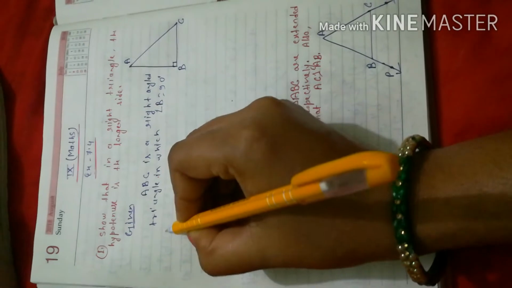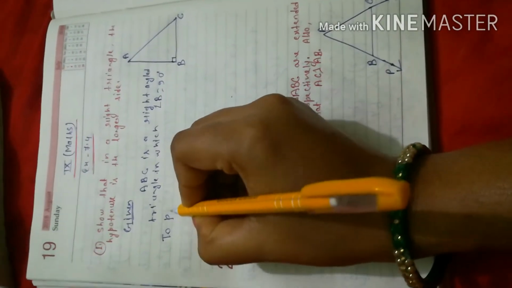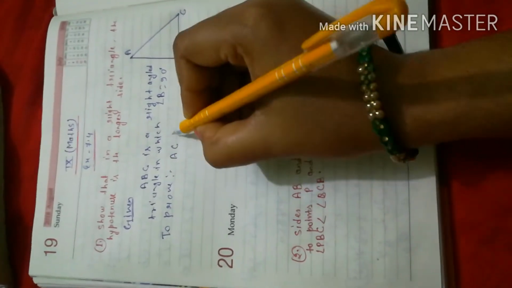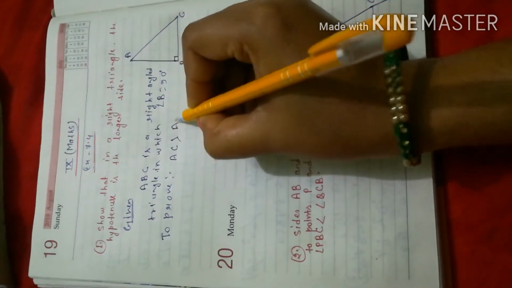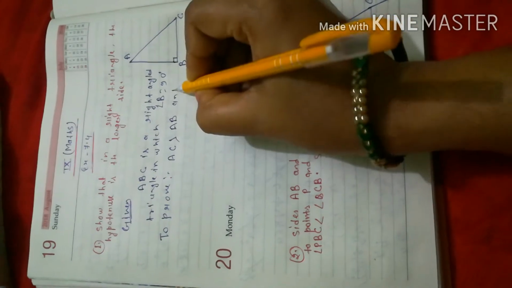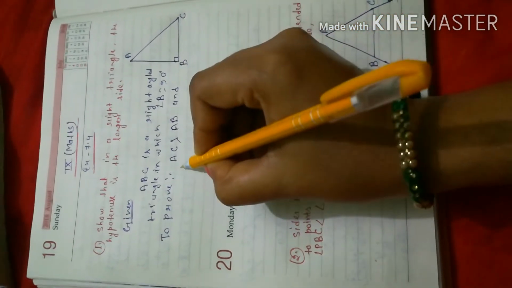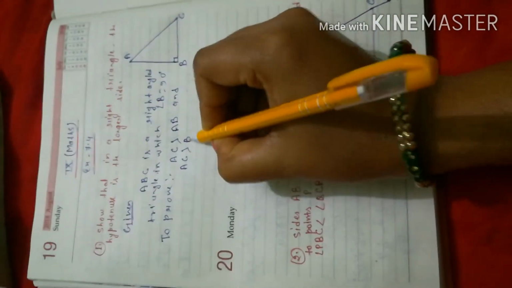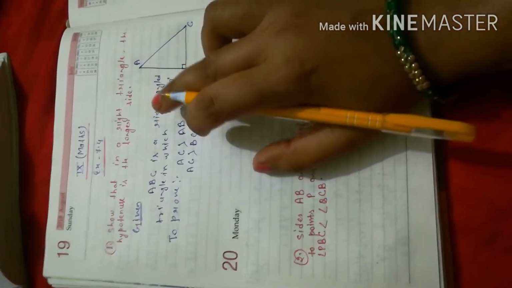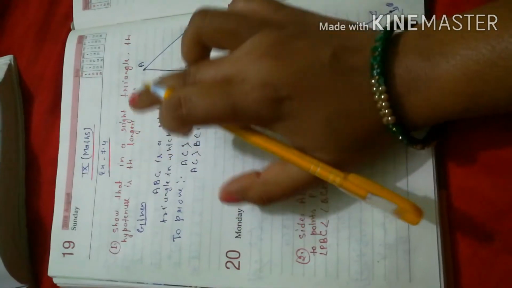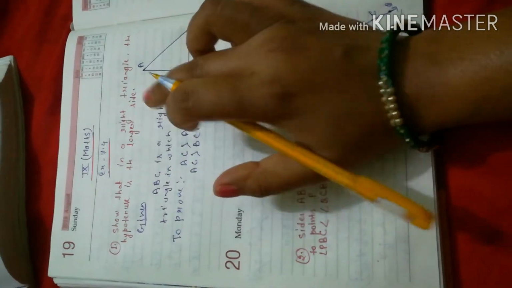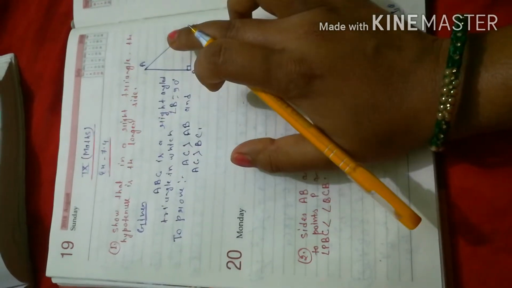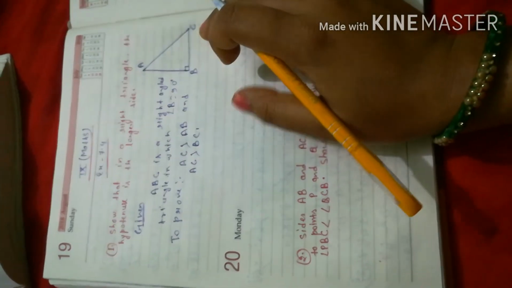Then we have to prove AC is greater than AB and AC is greater than BC. According to the statement, in a right triangle the hypotenuse is the longer side. It means AC should be greater than AB and AC should be greater than BC also.